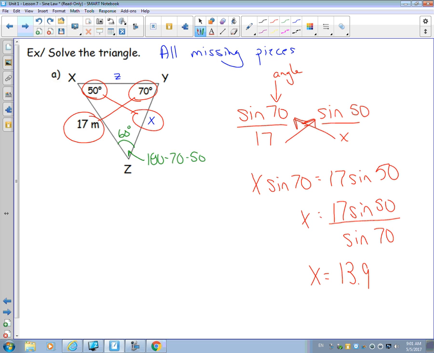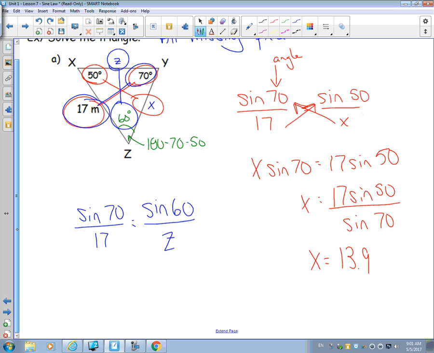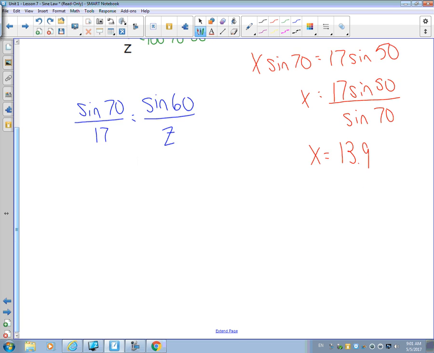I want to find side Z. I'm going to do the same problem again. I can still match up 17 with 70. That hasn't changed. But to do Z, I have to match it up with the 60. So sine 60 going with Z. It's the same kind of problem we just did to find x. So we're going to cross multiply.